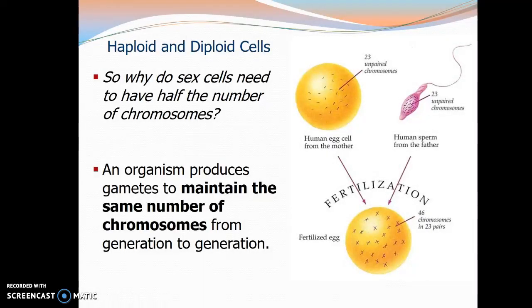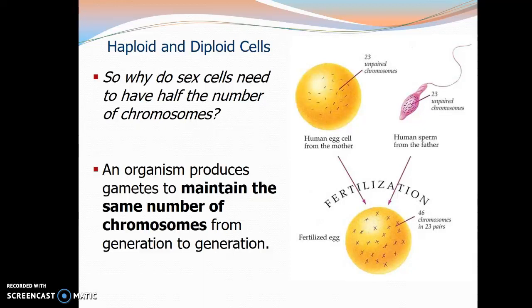All right, so why do sex cells need to have half the number of chromosomes? The reason is to maintain the same number of chromosomes from generation to generation.